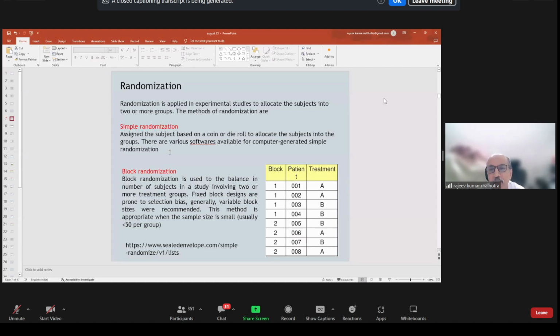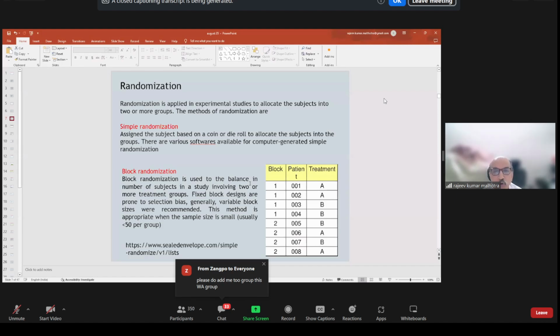In simple randomization, we take a coin and toss it, or use a die roll, or nowadays computer-generated random tables are available, so we can use those tables to find the sequence of randomization.